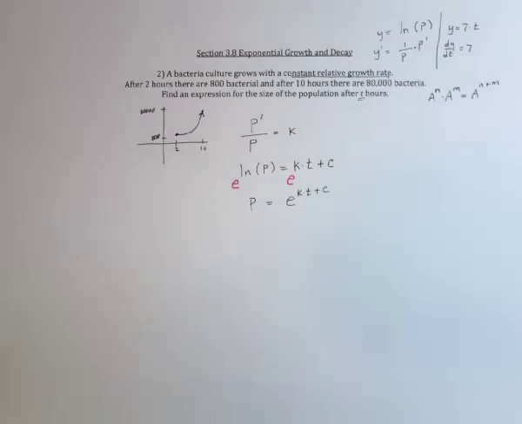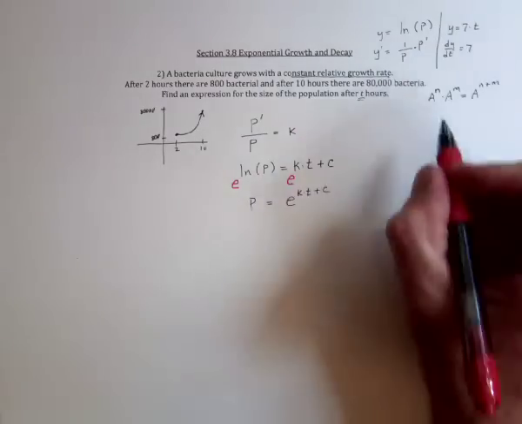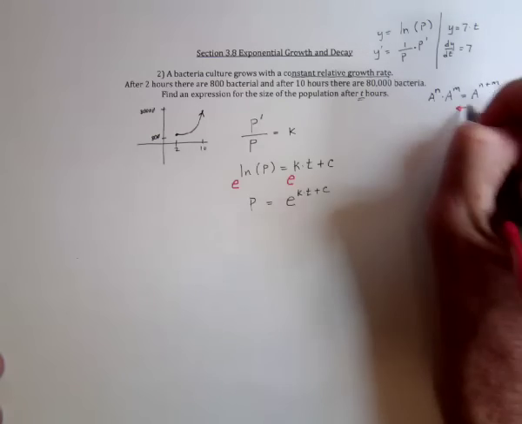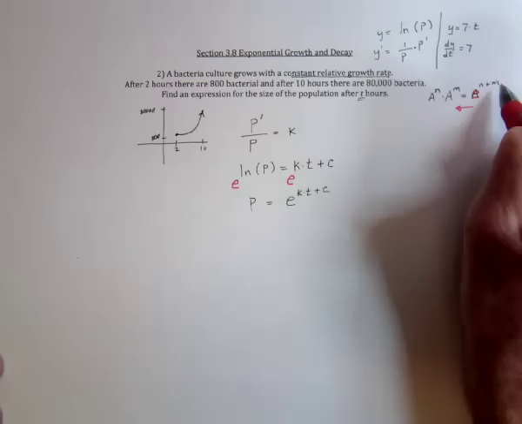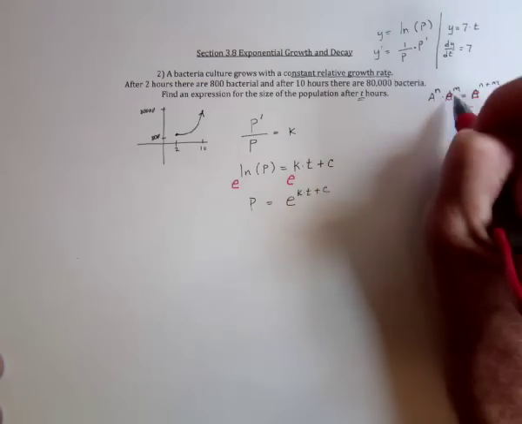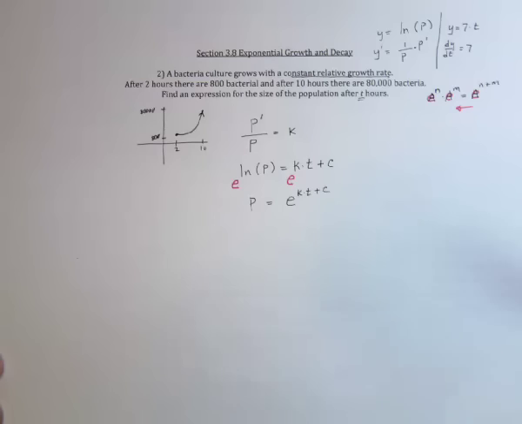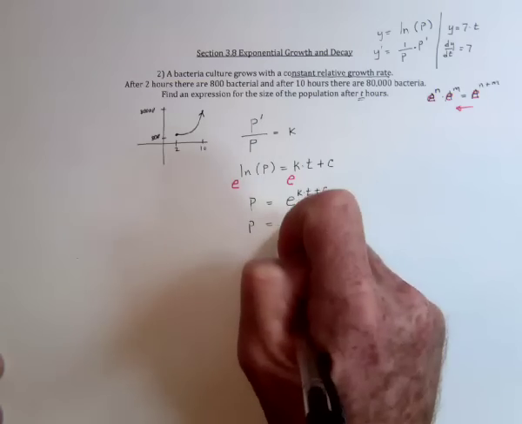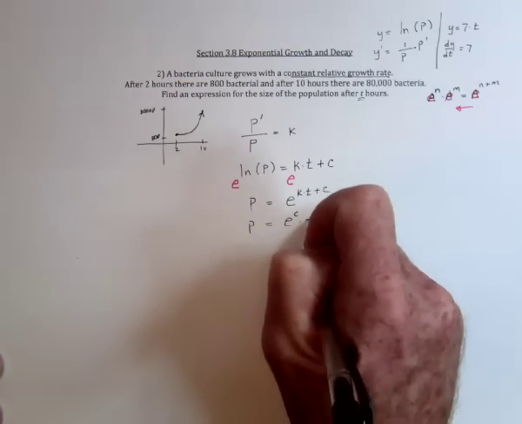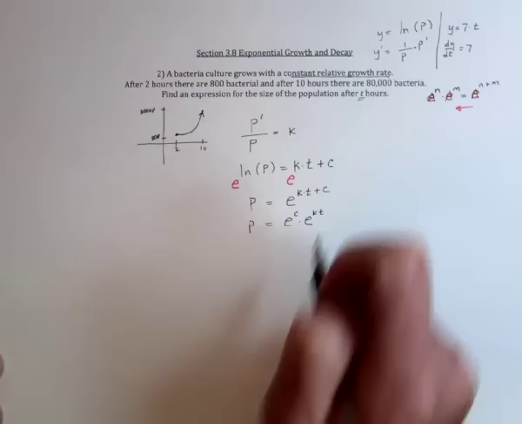Except instead of using it from left to right, I'm going to use it this way. So I've got e raised to two things added together. I'm going to break that into e to those two things individually. So we've got p equals e to the c and e to the kt.